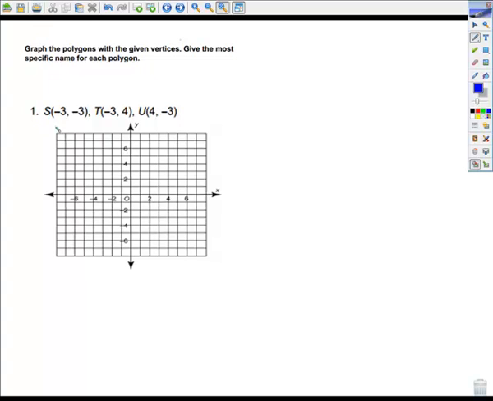So I have point S is -3, -3, and I'll put an S there. T is -3, 4. And U is 4, -3.